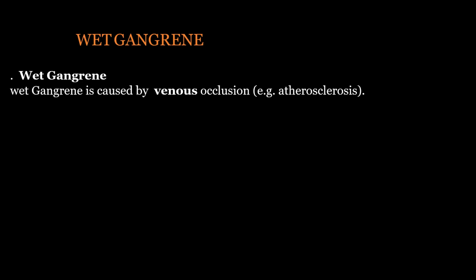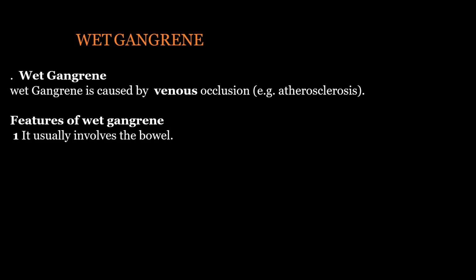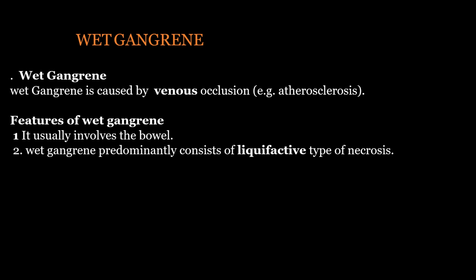So these are the characteristic features of dry gangrene. Let's talk about wet gangrene. Wet gangrene is caused by venous occlusion. Common differences between dry and wet gangrene: dry gangrene is caused by arterial occlusion, while wet gangrene is caused by venous occlusion. What are the features of wet gangrene? Wet gangrene usually involves the bowel, while dry gangrene involves the limbs.